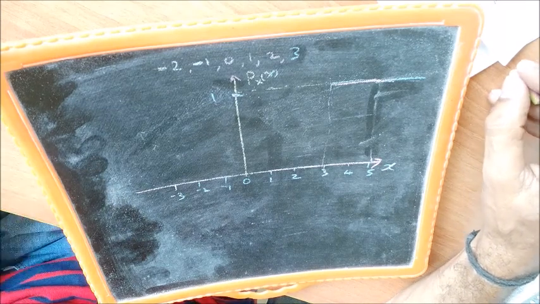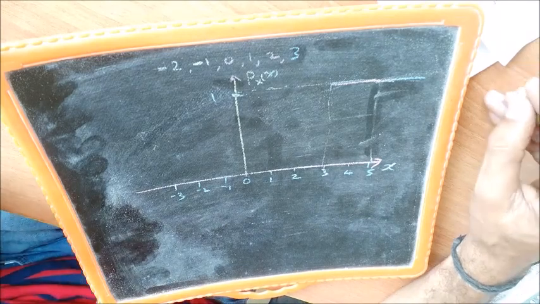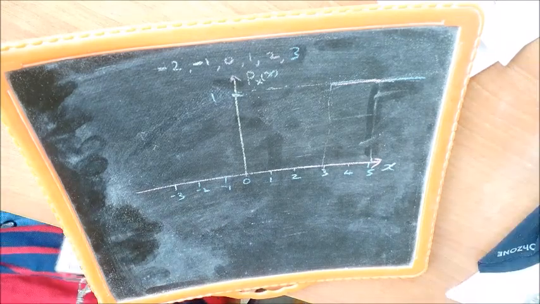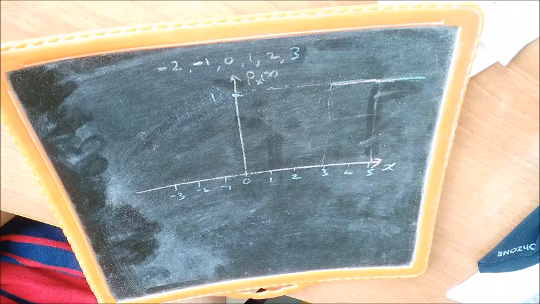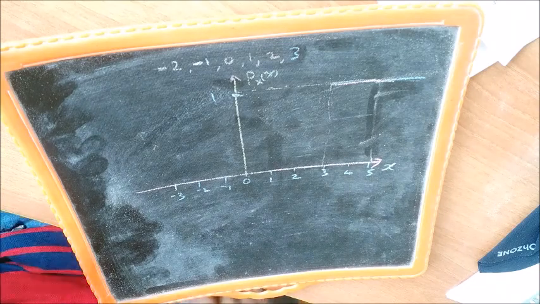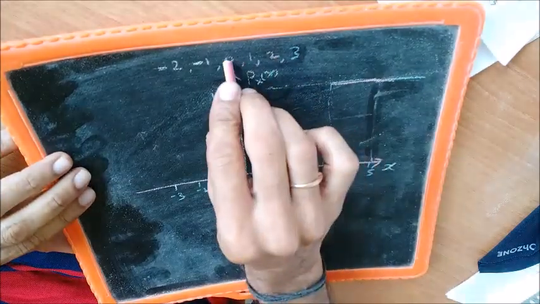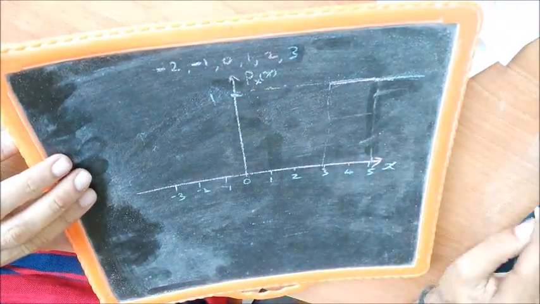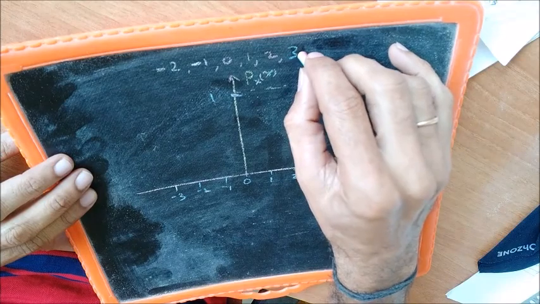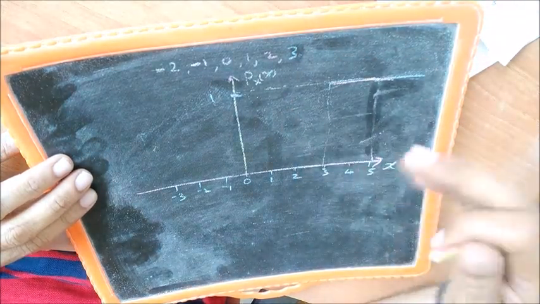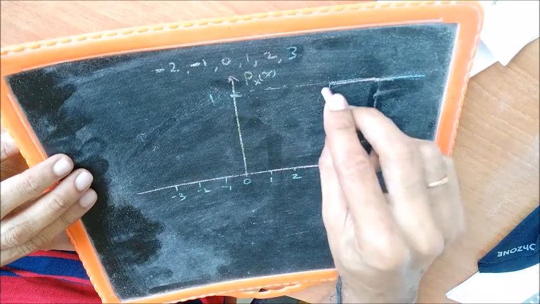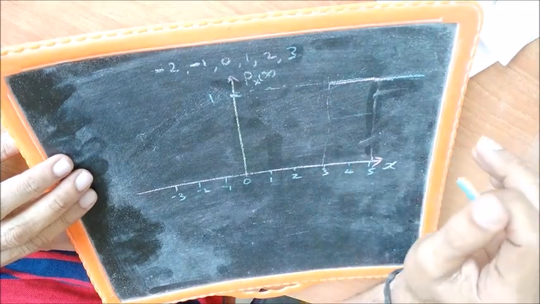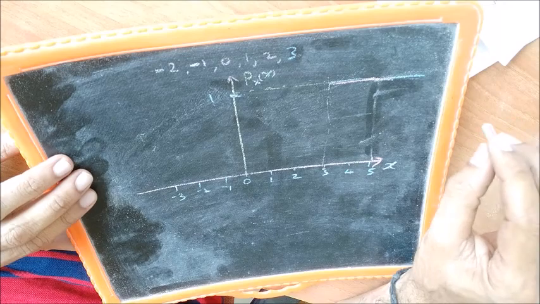Because for that to happen, one of these 5 faces has to turn up. If this face turns up, if capital X takes the value 3, then the condition of x being less than 2.999 is not satisfied.